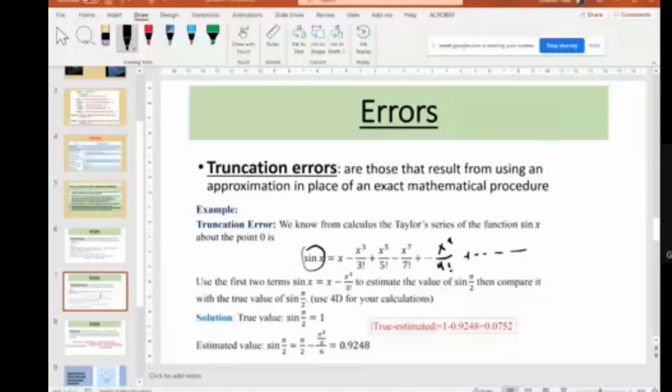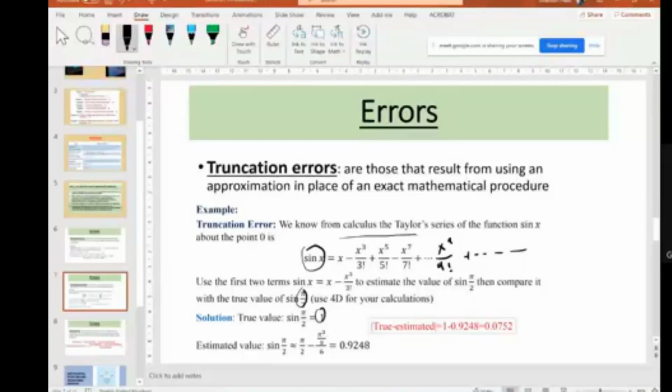Analytically, if I calculate sine x directly, for example sine pi over 2, I will get 1. Sine pi over 2 equals 1.